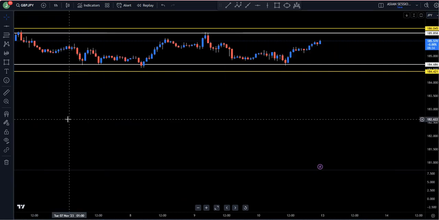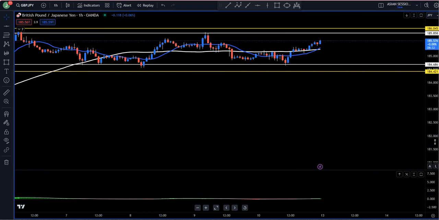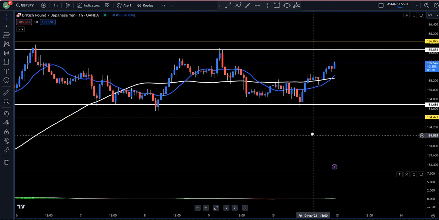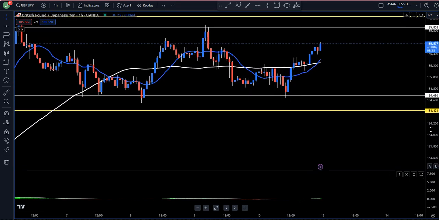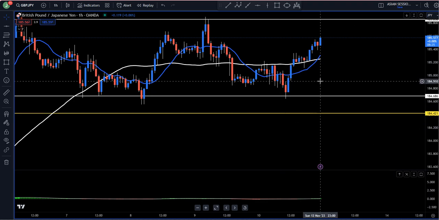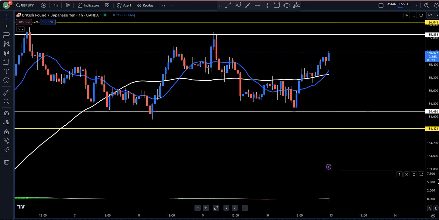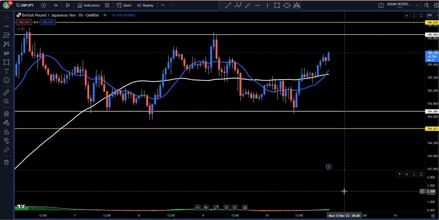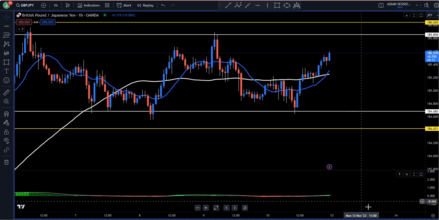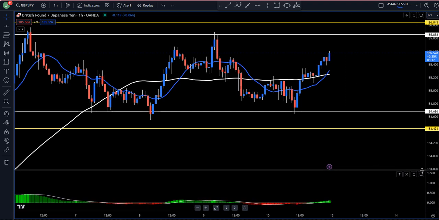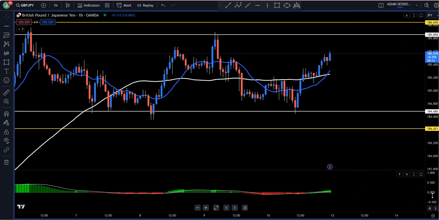And then on the hour, let's break it out. So on the hour, basically, it's just an additional confirmation. We should see what price is doing in relation to what we've just identified.